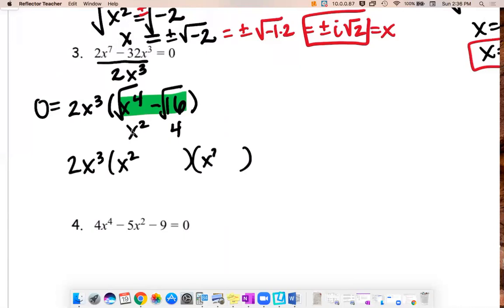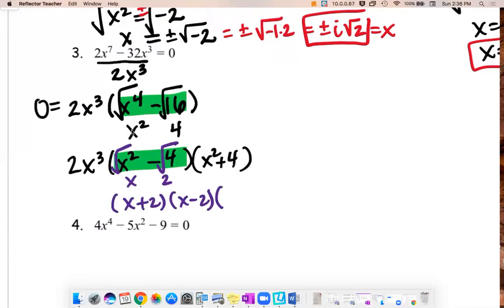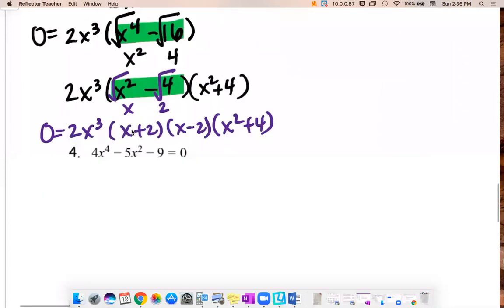The 4 goes in back, and remember one is a plus and one is a minus, doesn't matter which one. And then this one is really mean because this is again a difference of squares. So you can do square root again and get an x and a 2. So I can factor this into x plus 2 and x minus 2, and then I have these other factors as well.